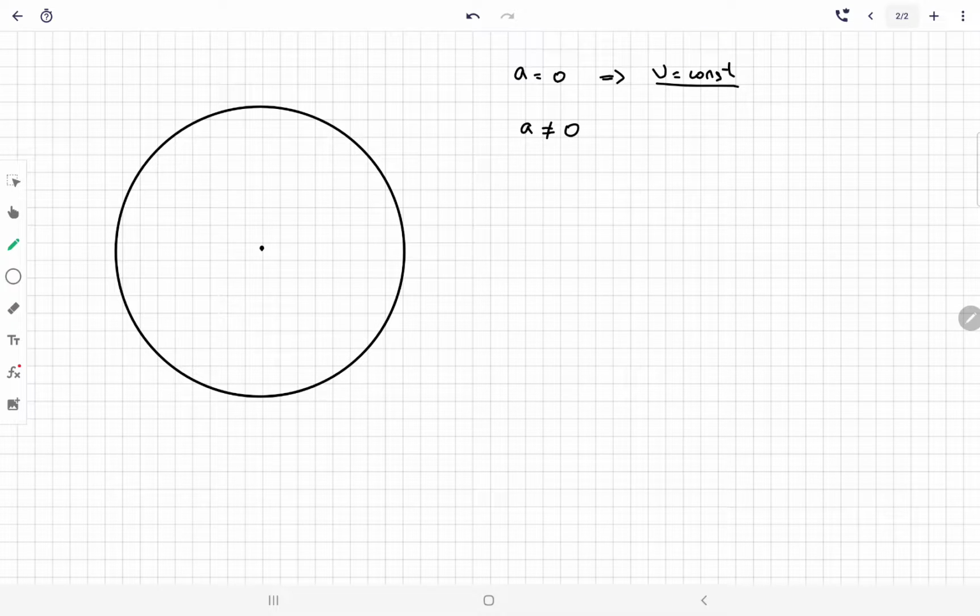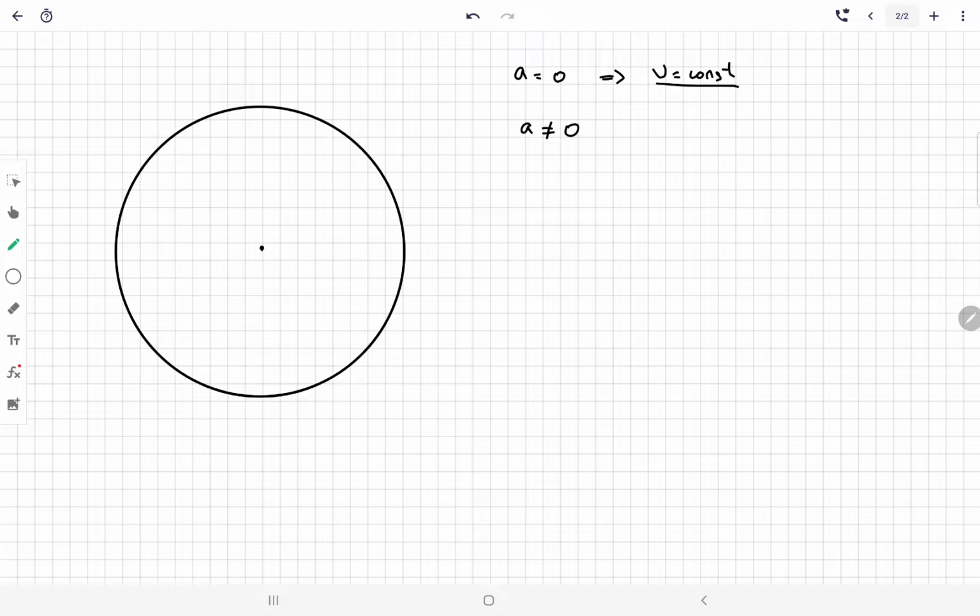So somehow we should find this acceleration. I will explain here shortly. I will not give more details. I will just quickly write the equation. This acceleration, we call it centripetal acceleration. Sometimes in different books they may call it in different ways, but here I will call it centripetal acceleration.